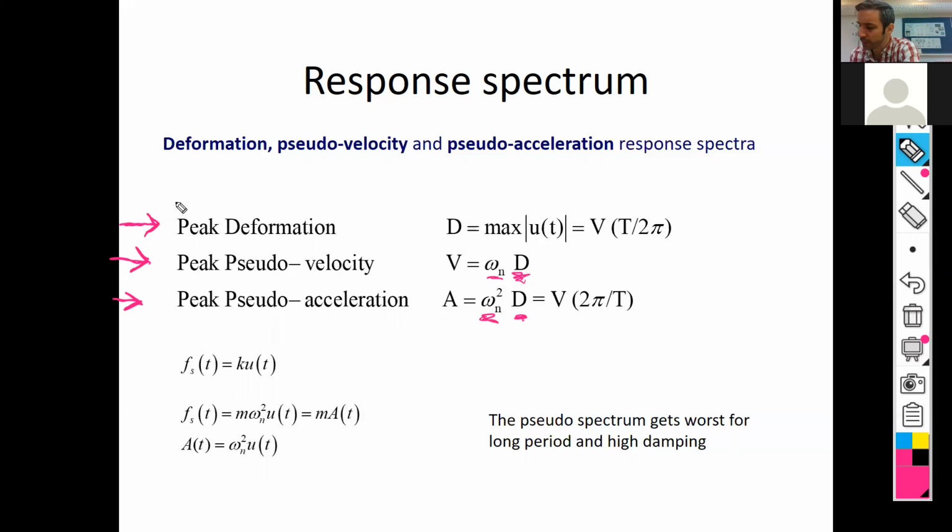So the first one is calculated. The peak deformation is an actual calculation. The peak velocity and the peak acceleration are only approximations. And that's why it's called pseudo velocity and pseudo acceleration, okay?